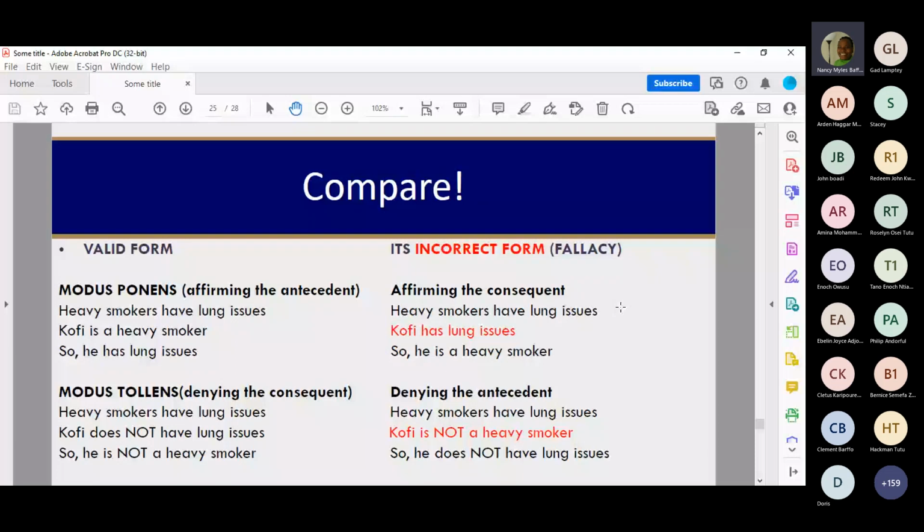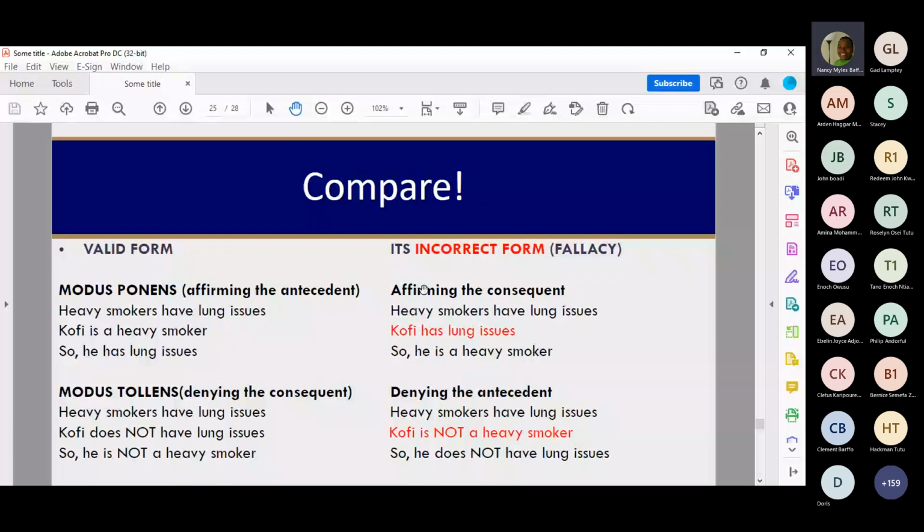Then you now tell us that Kofi has lung issues, so we should necessarily say therefore that he's a heavy smoker. That doesn't follow. It's an incorrect reasoning. But because they look alike, they also have gotten their names. So whereas the original one is affirming the antecedent, the counterfeit affirms the consequent instead. Now you got the understanding.